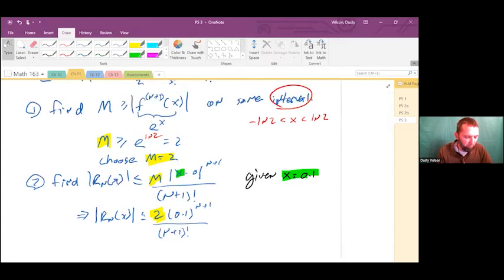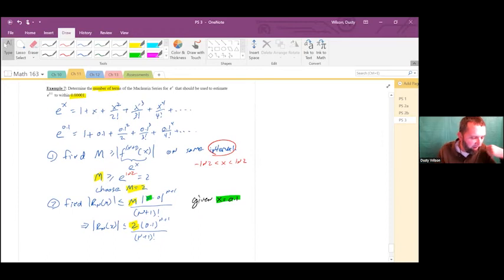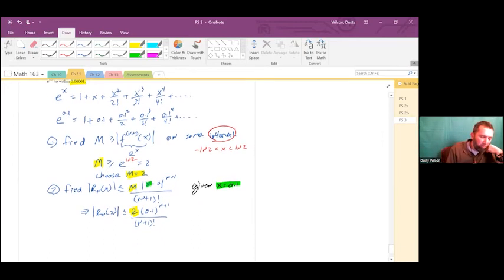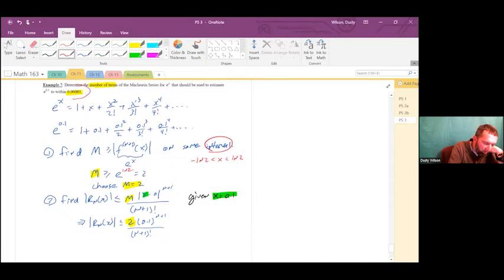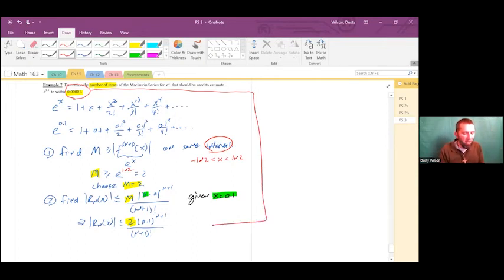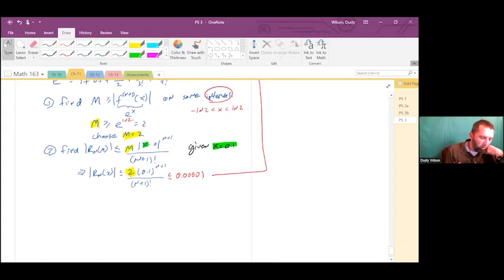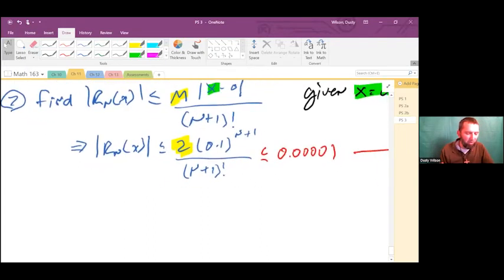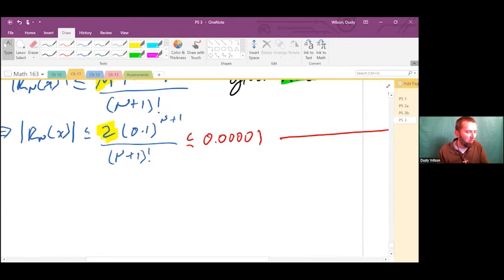So from that, we can force our remainder, which is already less than this thing, to also be less than or equal to 0.00001. Let's see what happens. We have to ask ourselves, what n will make this statement true? We can just try different values.